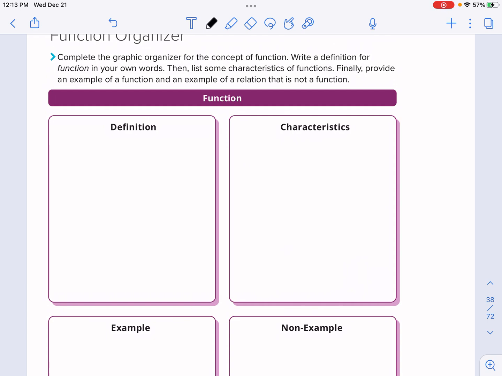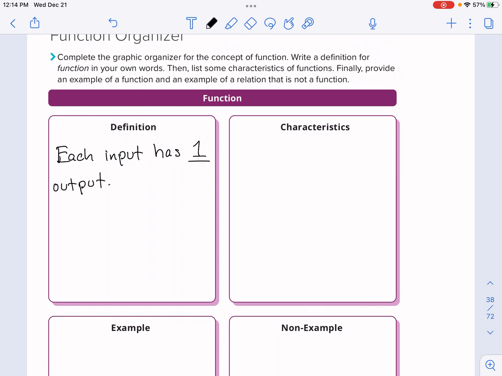In the simplest terms that I can put, a function is a relation between the set of inputs and outputs, but this is where each input in the domain has one output in the range.